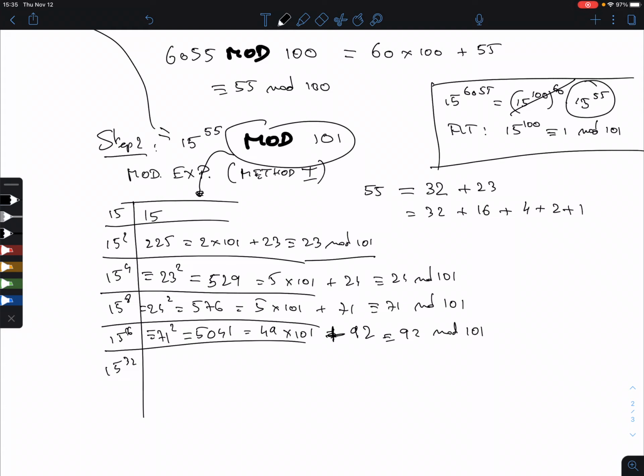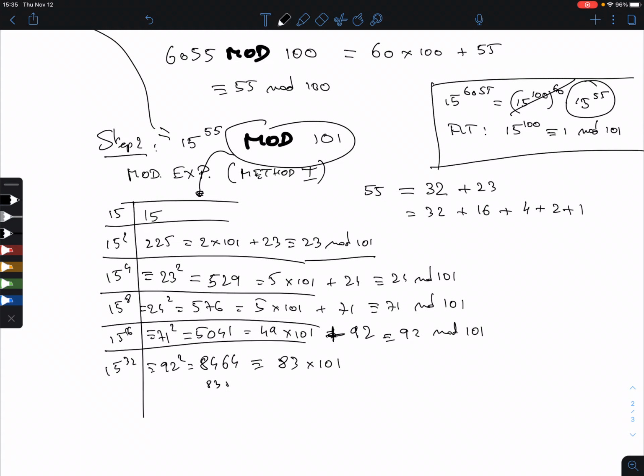92 squared, so this is now 92 squared. This is 8464. Okay, and then divide this by 101, that is 83. So this is 83 times 101, which is 8383.